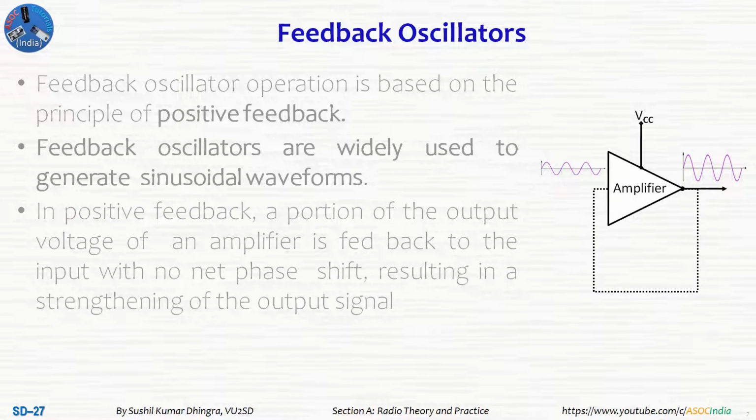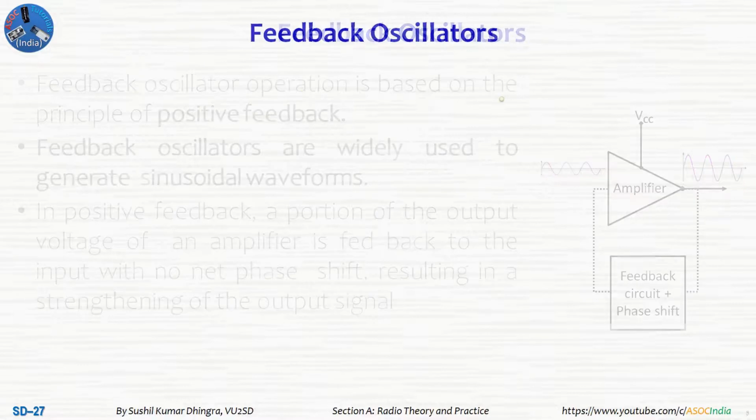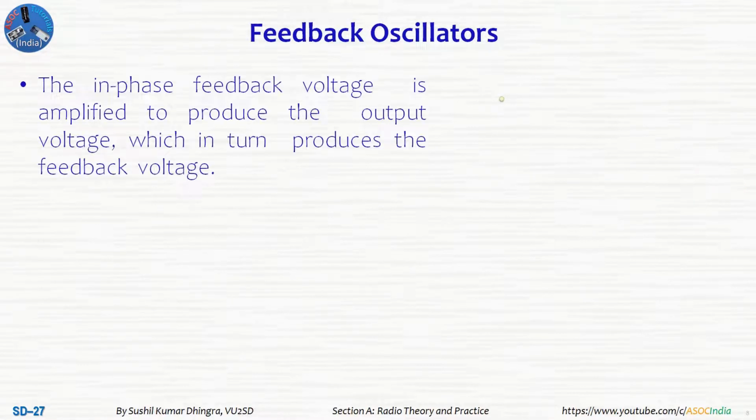You see on the right side a feedback portion is generated which includes phase shift, and the in-phase feedback voltage is amplified to produce the output voltage, which in turn produces the feedback voltage. Here two terms are coming: in phase and out of phase. In phase I am going to explain; out of phase I am not going to explain. When the time comes I will discuss.